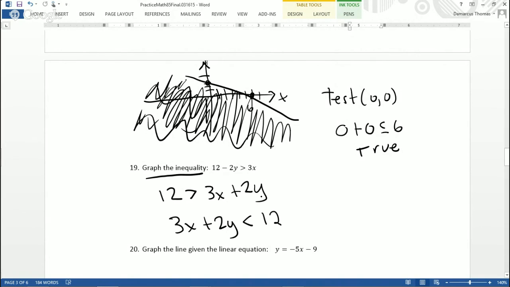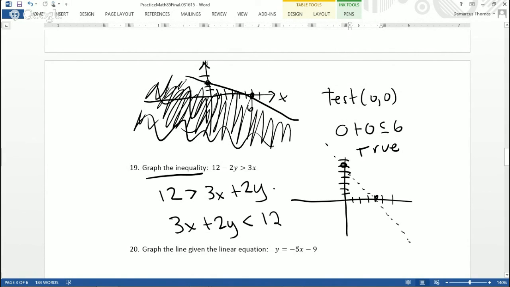Now I can graph this by its intercepts. If I let x be 0, y would be 6. If I let y be 0, x would be 4. Because it's a strict inequality symbol, I must put in a dotted line.